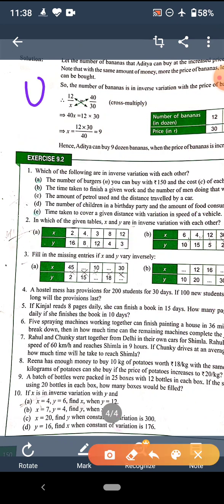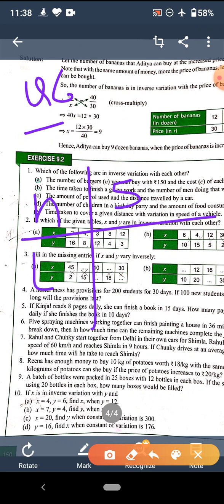Now question number 6. 5 spraying machines working together can finish painting a house in 36 minutes. How many machines are there? 5. How much time are they taking? 36 minutes. If 2 machines break down, so now the machines left are 3, then how much time will it take to complete?